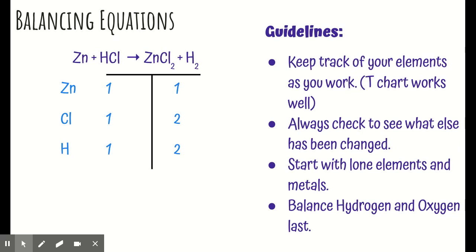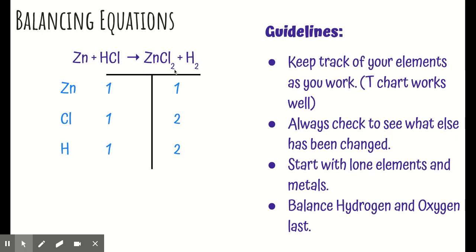So if I am altering the product side, or if I'm altering anything, has it changed something else in that equation? For example, here with this Zn and the Cl, the zinc chloride. If I put a 2 in front of this zinc to make it 2 zincs, what else has changed here? Well, if there's a 2 right here, it also changes this chlorine.